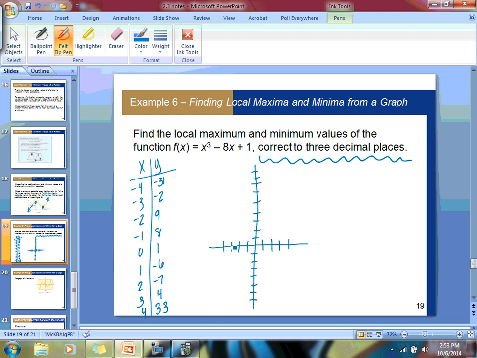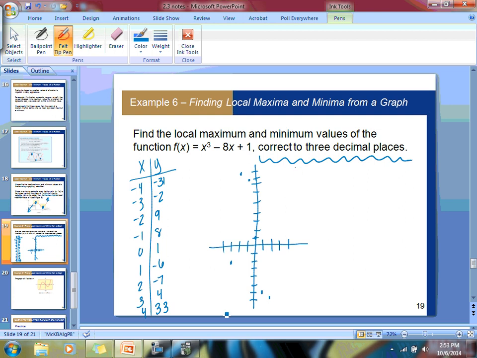But -3, -2, it's right about there. -2, 9, it's up here. -1, 8, 0, 1, 1, -6, 2, -7, and then 433 is way up here somewhere.